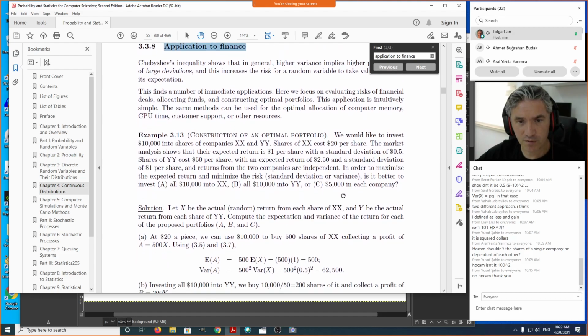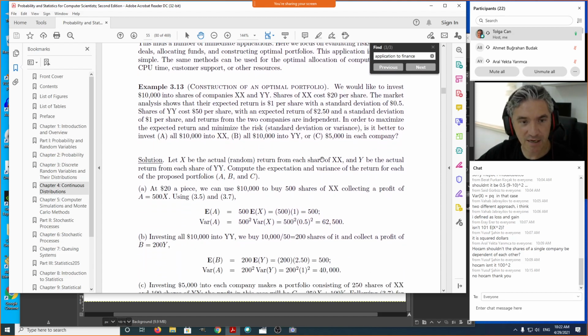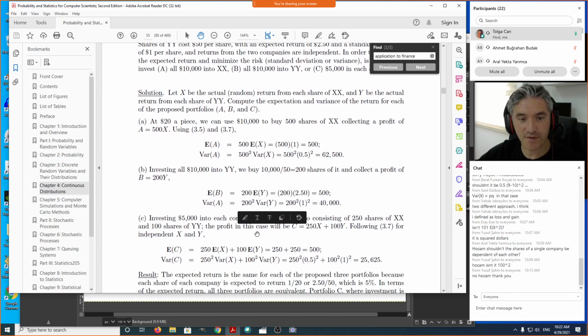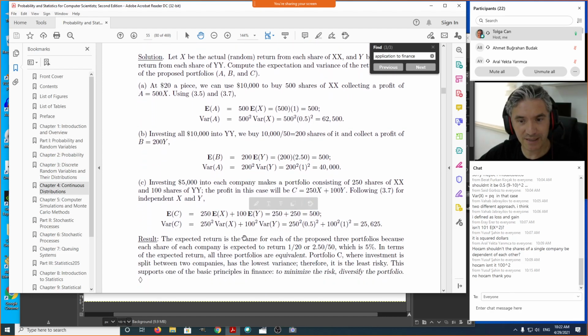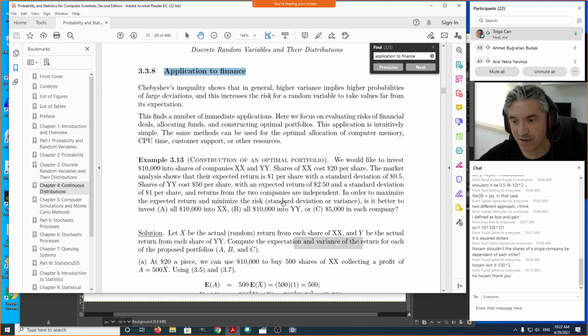So all these portfolio things, minimizing risk and gain, as you can see, they compute the expected value and the variance. All the examples are similar to what we have done, but this is not included in the midterm exam. So 3.3, 3.8, we haven't covered this in class.